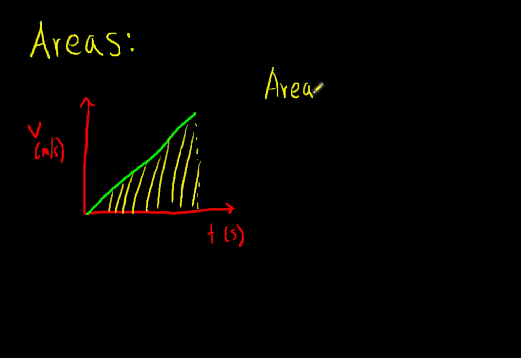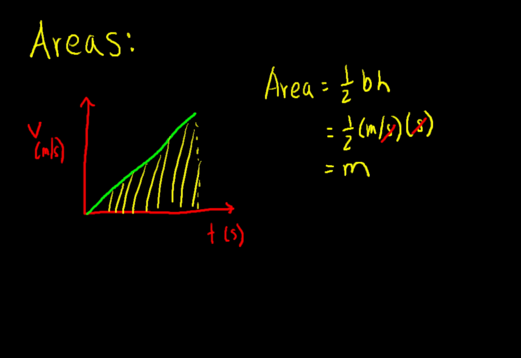The area of this triangle is given by 1/2 base times height. We're not going to look at numbers, but let's just put the units in. Meters per second times seconds. Since we have seconds on the bottom and seconds on the top, seconds cancels out and we're left with just meters, which is the unit of displacement.